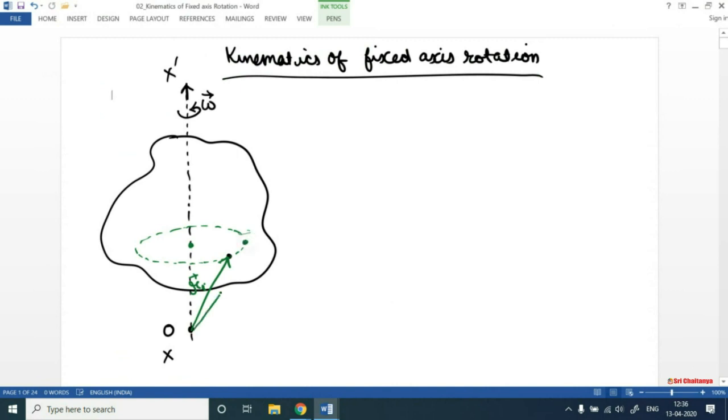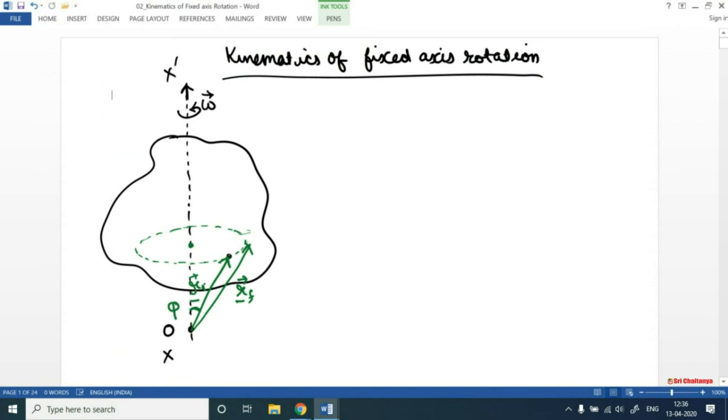So this position vector over here, Rf, will become like this. You must realize that the magnitudes of Ri and Rf are the same, only the direction has changed. Let's say this position vector makes an angle phi with the axis.